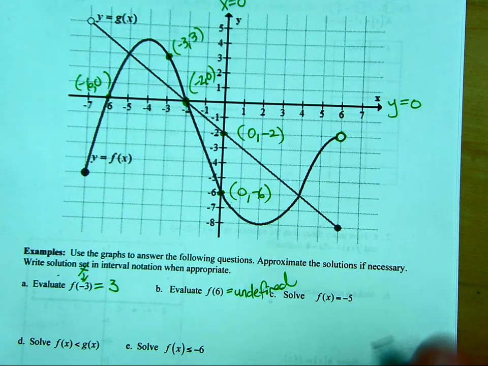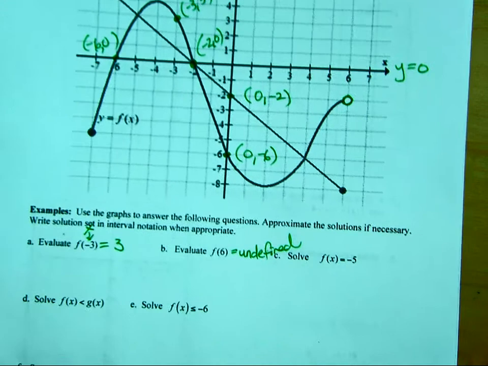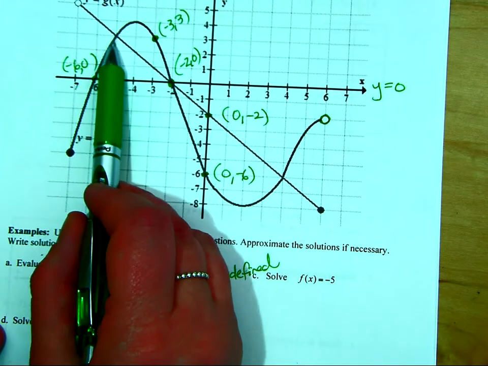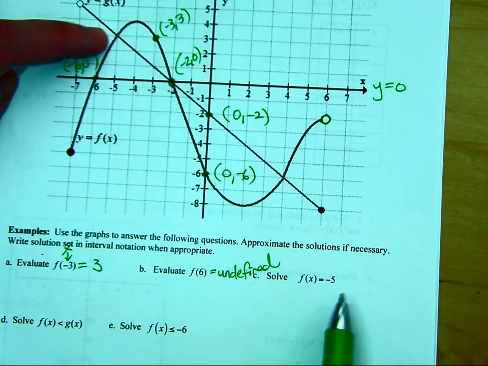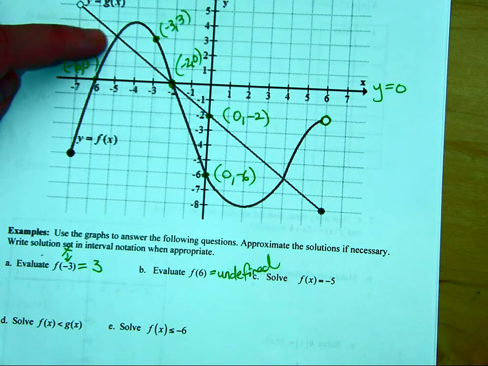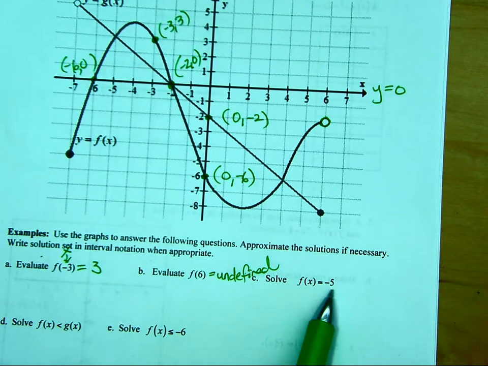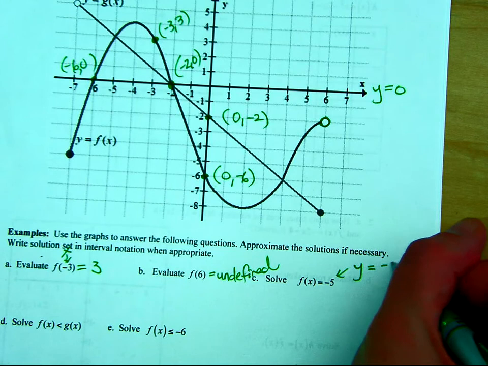Yes? Okay, what about this one? This says solve f of x equals -5. So am I going to go to -5? Is that my answer? No. What do I have to do to solve for -5? Solve for x when y is -5. So this means that y equals -5.